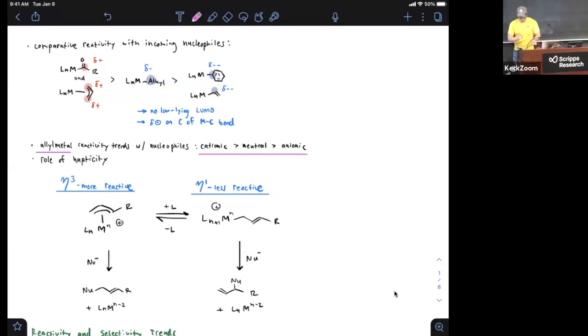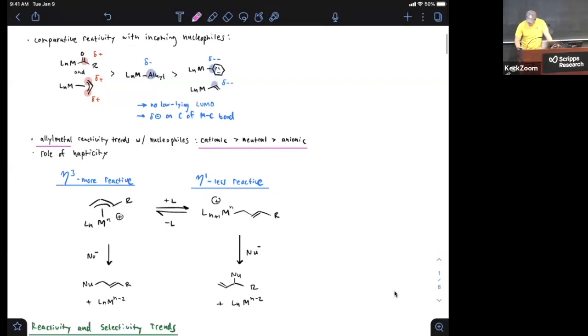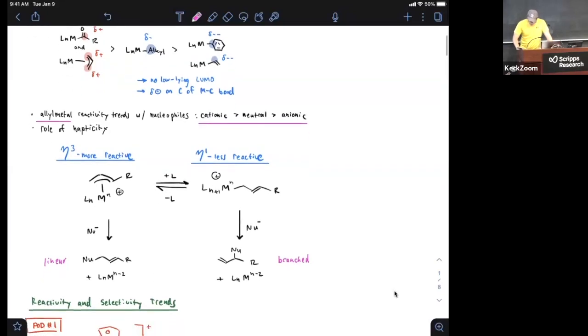And then the two different hapticities, eta-3 versus eta-1, lead to different products, linear on the left, branched. And these are in equilibrium under reaction conditions.